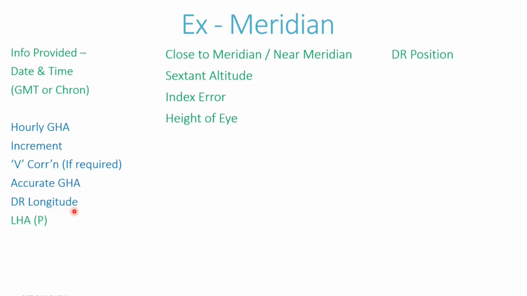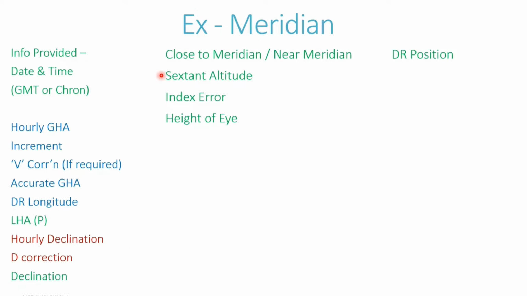We have the DR longitude available to us, and once applied to the accurate GHA, we get the LHA of the body, and this LHA gives us angle P. Now we obtain the hourly declination from the day page. We get the value of hourly d correction. We check its increment from the increment table, apply it, and that gives us the accurate declination of the body. So this is the first step.